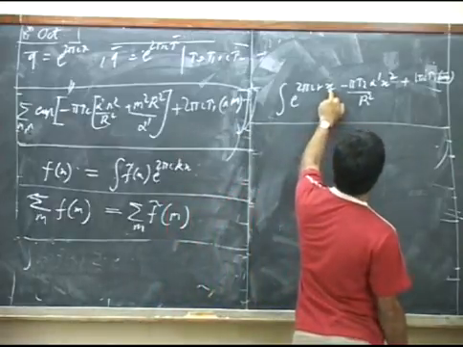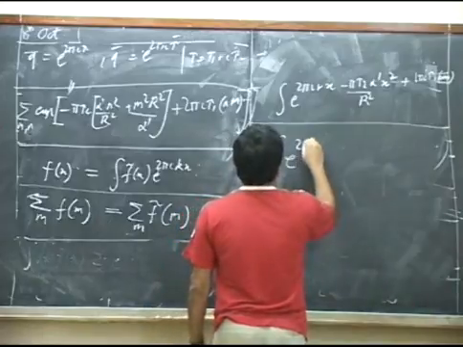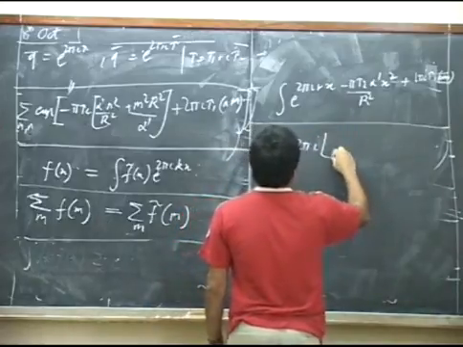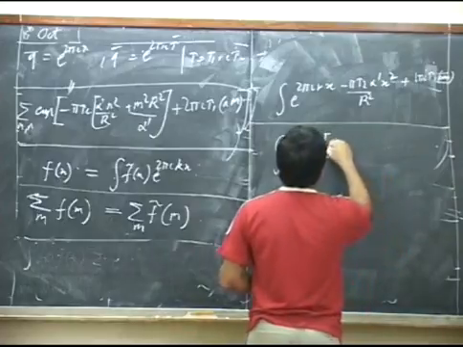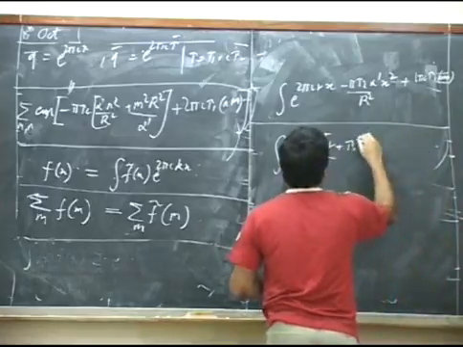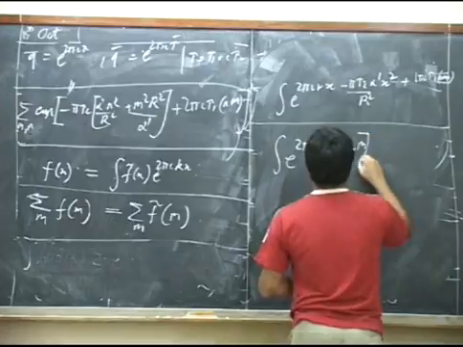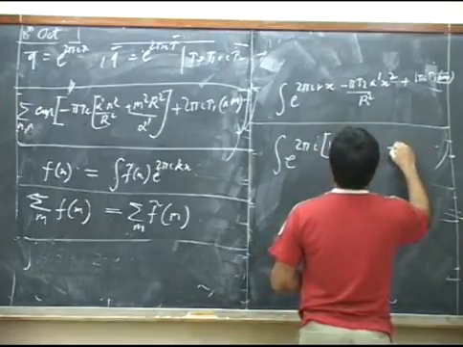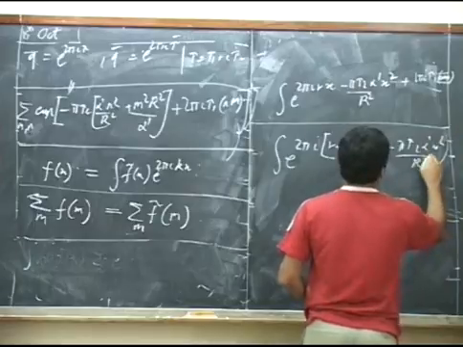Firstly, you see this part and this part are very similar. So this is the integral of e to the power 2 pi i (r plus tau 1) m x, minus pi tau 2 alpha prime x squared, dx.